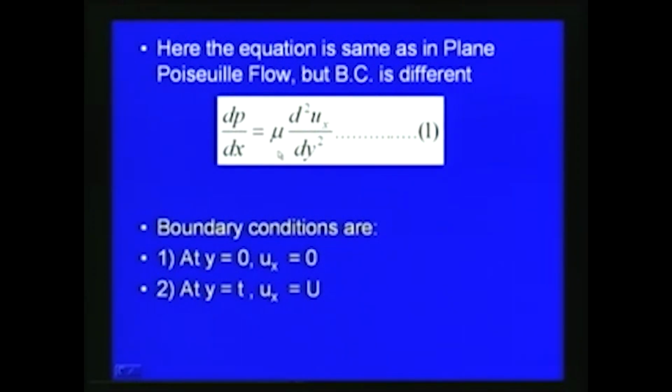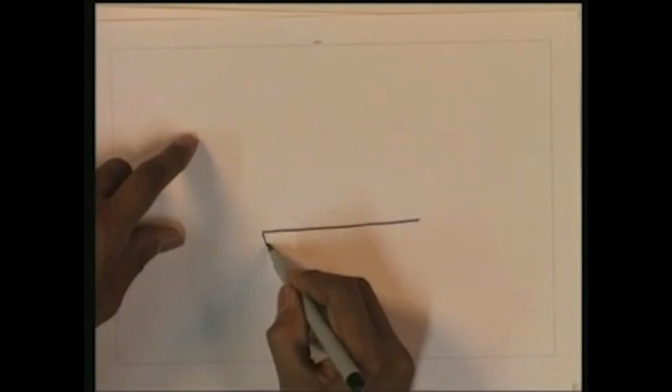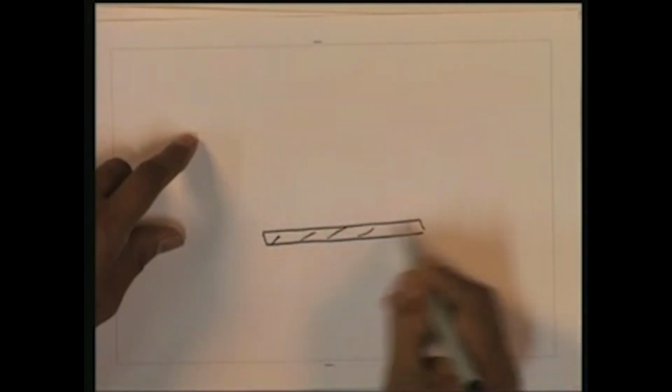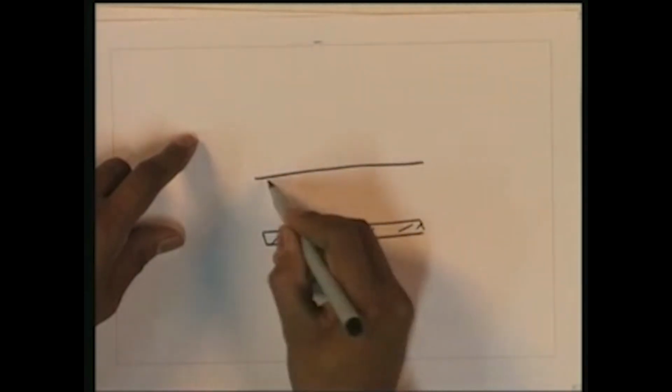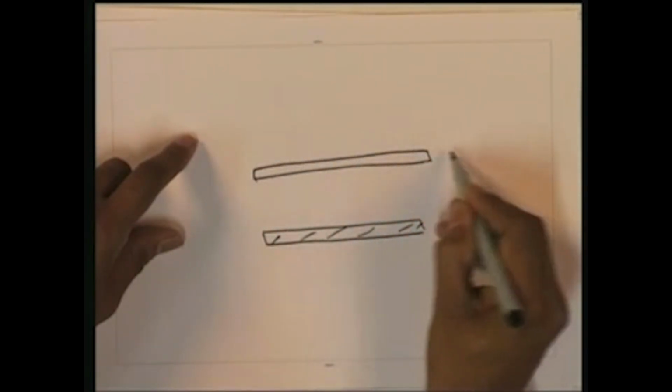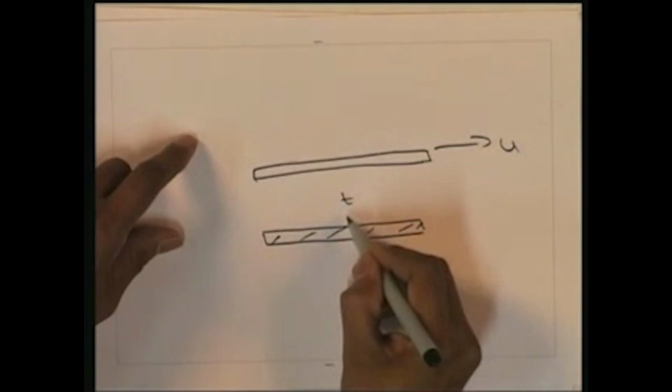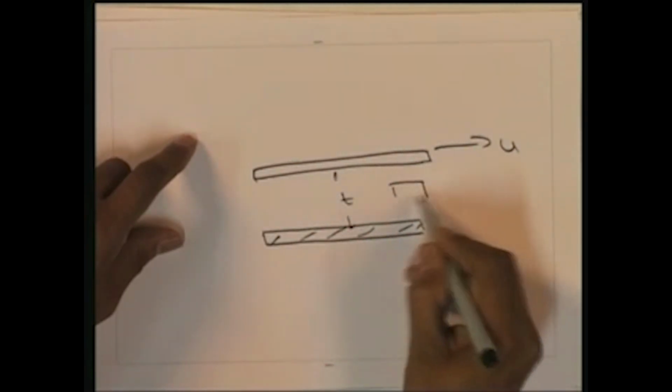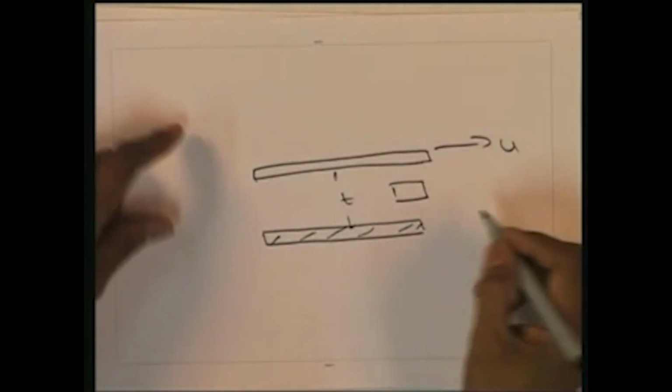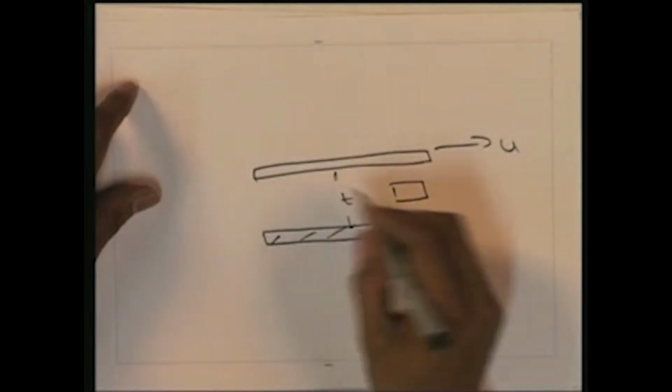Say, for example, if you consider the case here, one plate is here and the second plate is moving with a velocity u. So, this is u and t is the distance. Now we will derive an expression for the velocity of flow between the plates.